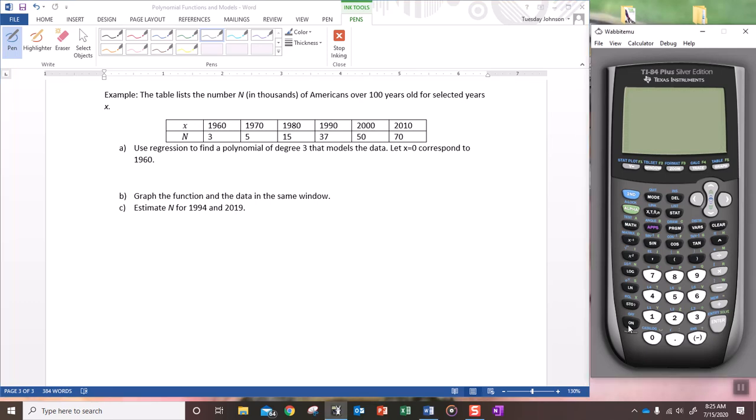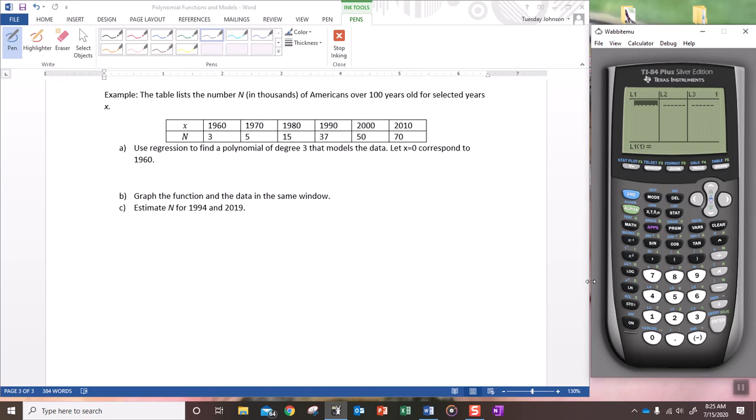So when we enter data, first thing we have to do is turn on our calculator. I'm going to go to Stat, and I'm going to Edit. In List 1, I'm going to put my x values, but I'm going to adjust them. X equals 0 corresponds to 1960.